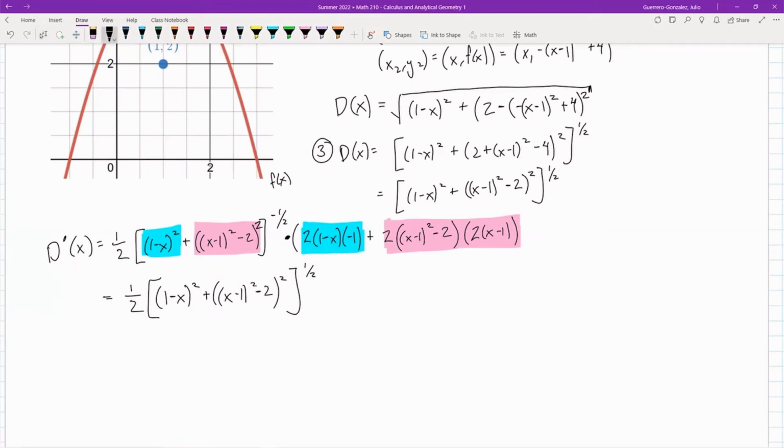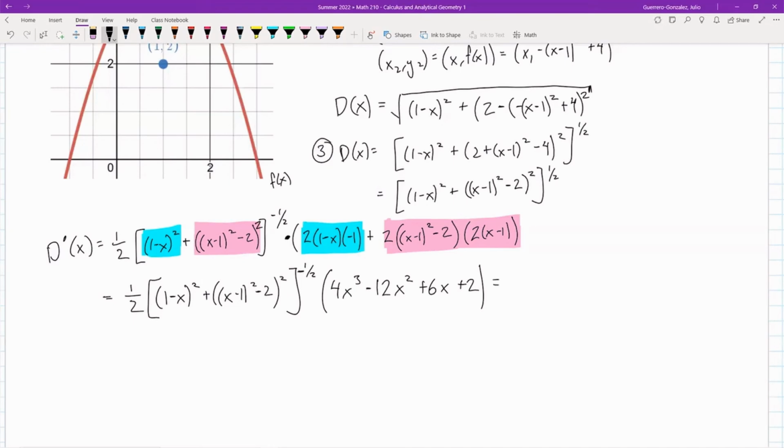And if you do all of this out, this should reduce down to 4x cubed minus 12x squared plus 6x plus 2, and this is supposed to be a minus 1 now.